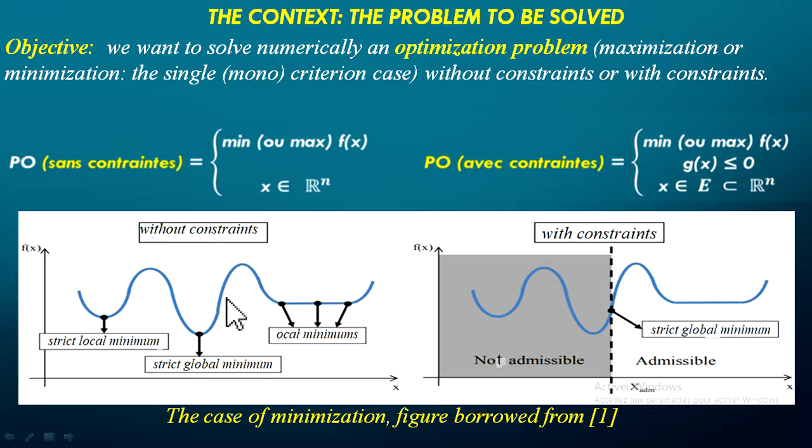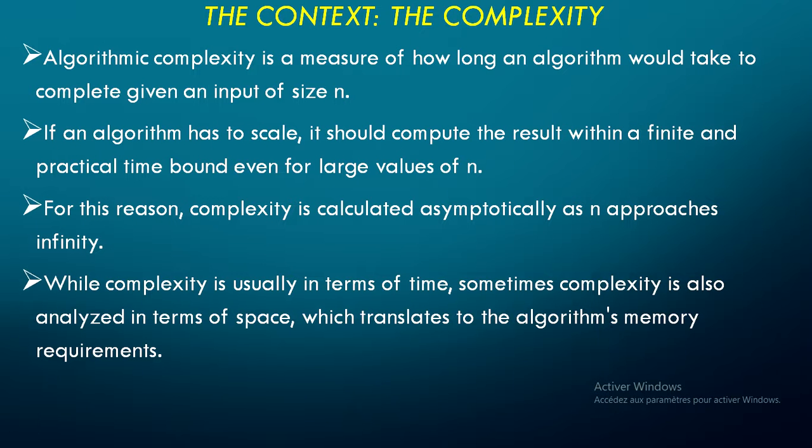So in the first illustration, the solution is this global minimum, because it is in the area space of solution, and in the second illustration we have another strict global minimum, because it is the point which is in the area space.